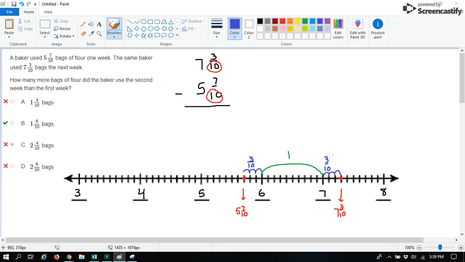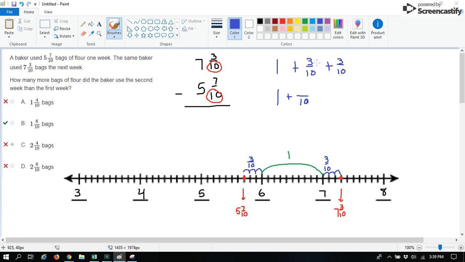So now I can add up all of my distances that I traveled on my number line. I have a whole number of 1, plus 3/10, plus 3 more tenths. So that means I have 1 plus 3/10 plus 3/10. I know my denominator will be 10 because I'm adding fractions with a common denominator of 10.